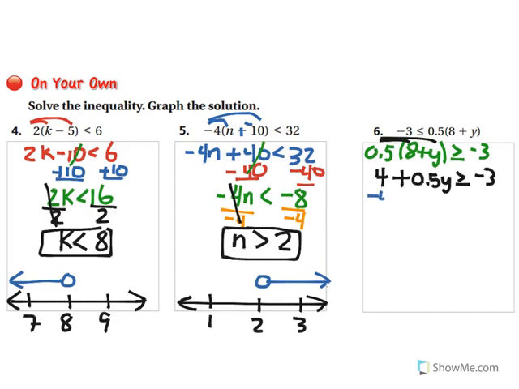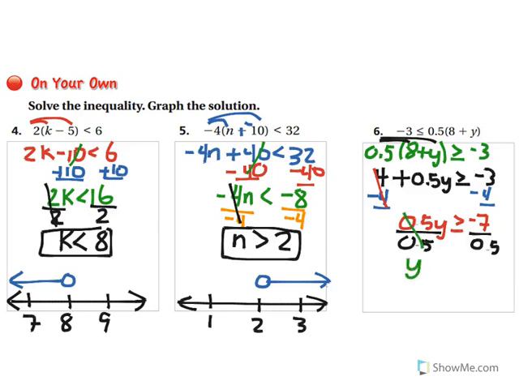Now I'm going to subtract the 4 to get rid of it on both sides. And when I do that, the 4's cancel, and I get 0.5y is greater than or equal to negative 7. I can finish by dividing by 0.5. And the 0.5's cancel, giving me a y.